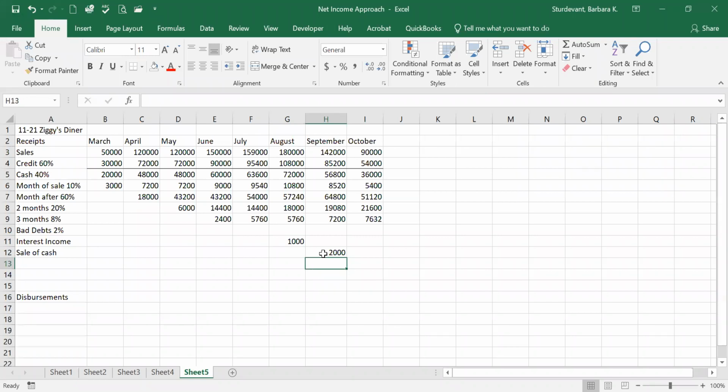Okay, and this is a cash budget, so you would record it at the cash. So it's going to be 5 times 1,000 shares. It's going to be $5,000.